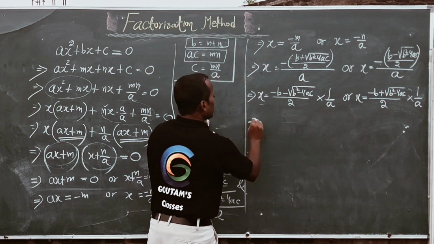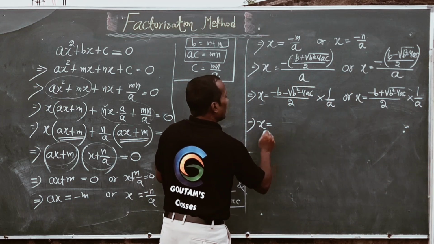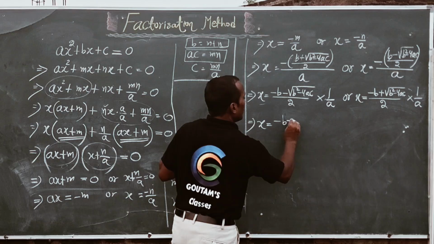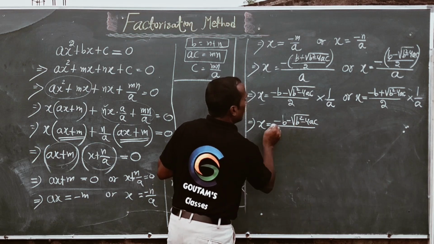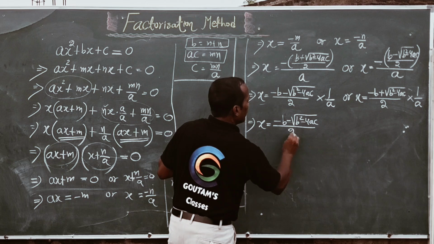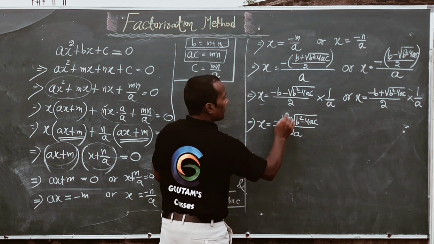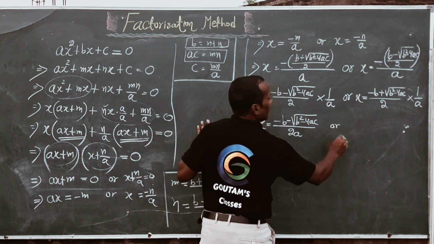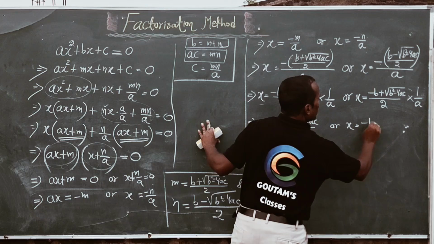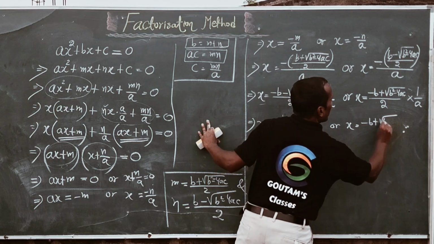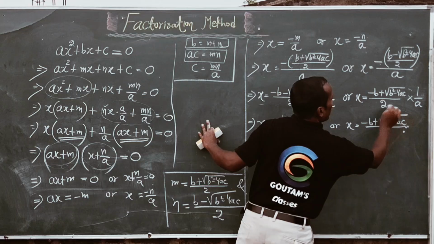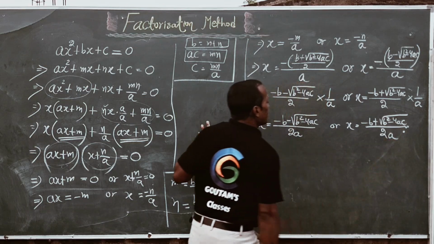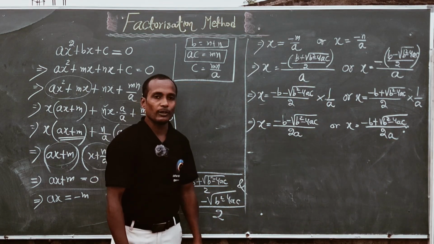Now the next step gives you minus b minus root b square minus 4ac by 2 into a, 2a, and in this part minus b plus root b square minus 4ac by 2 into a, 2a. Isn't it our quadratic formula?